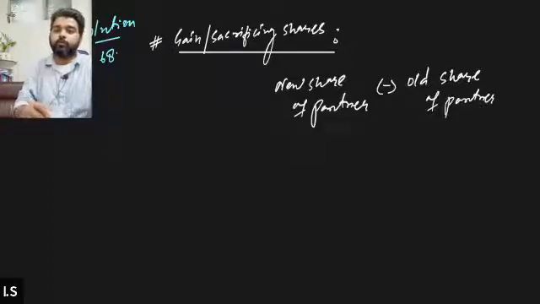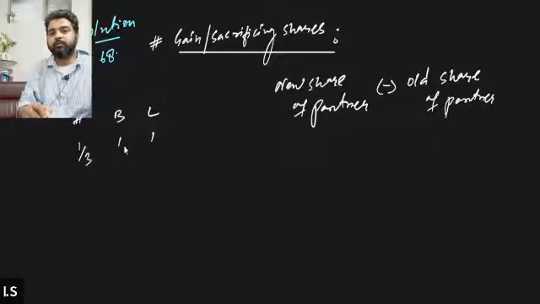Okay, so see, the partners are the same: A, B, and C. Earlier they were sharing the profit and losses in the ratio of 1:1:1. That means A's share was 1/3, B's share was also 1/3, and C's share was also 1/3.